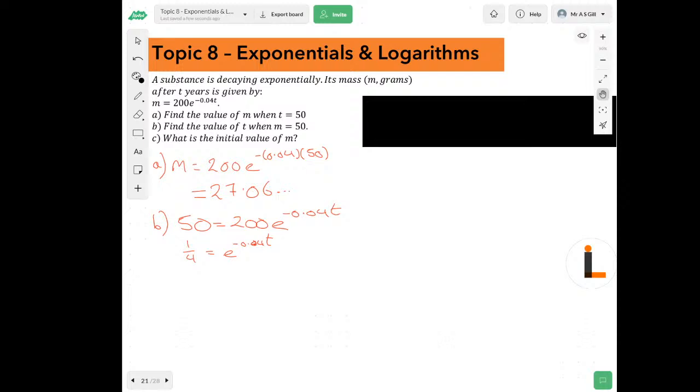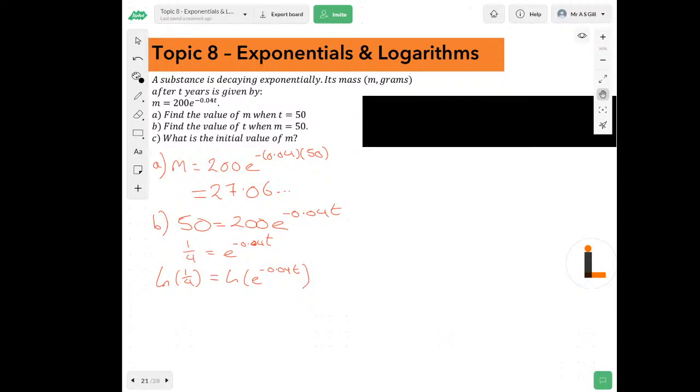And now is where we need to use that idea of logarithms. So what we end up with is ln 1/4 is equal to, on the right hand side, ln of e to the minus 0.04t, just to demonstrate the inverse nature of this.